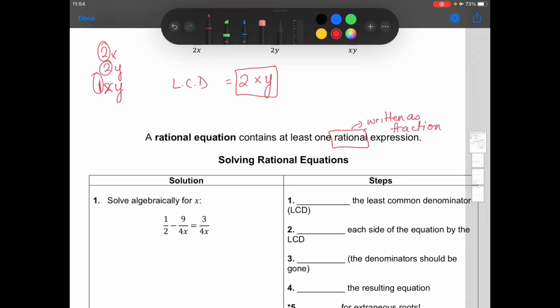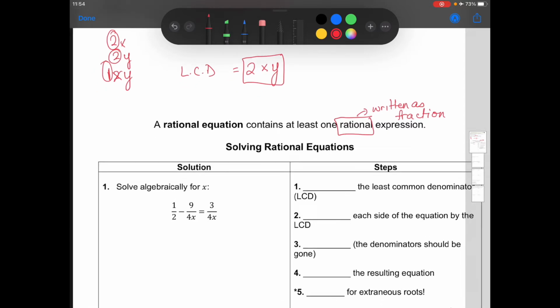But anytime you have a rational expression like 4x over 3, or x over 4 or 4 over x, all those are rational expressions. So that's a rational equation. You solve them just like you would solve a linear equation: isolate the x. If it's a quadratic, set it equal to 0 and factor and so on.